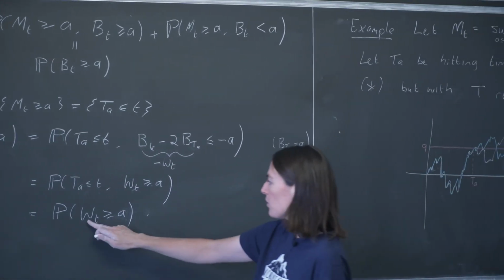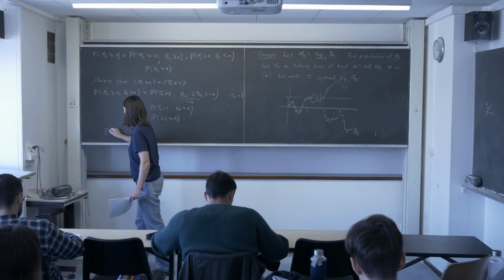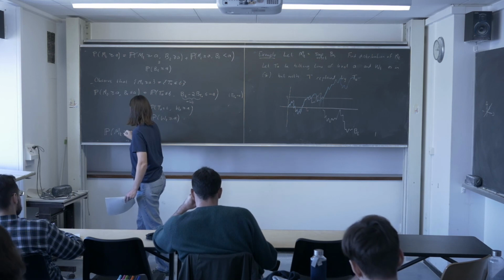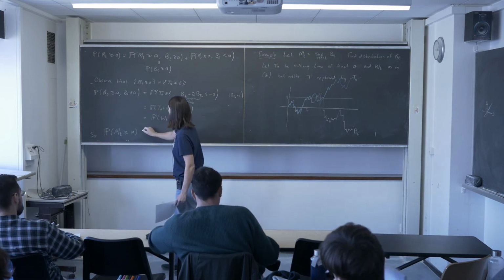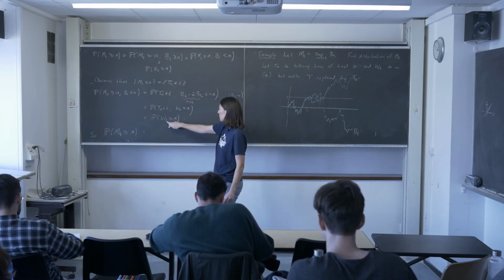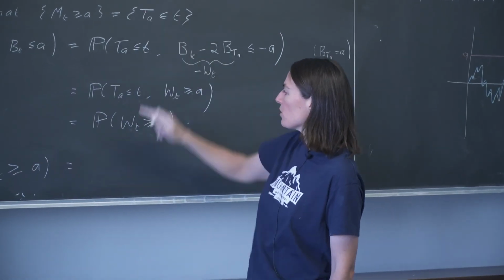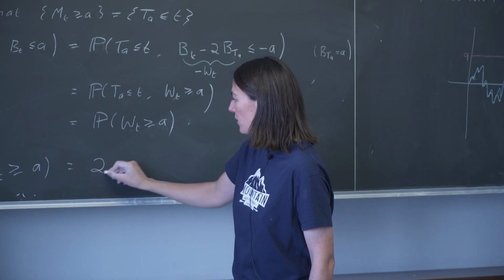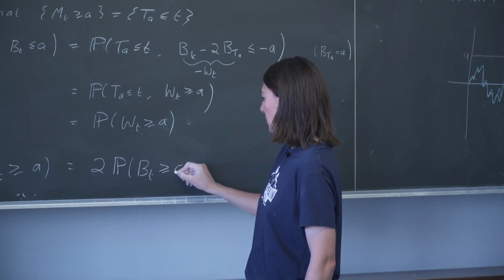And I know that W_t has exactly the same distribution as B_t. So putting this in, the probability that M_T is greater than or equal to a is equal to the probability of B_T being greater than or equal to a plus the probability of W_T greater than a. But this is exactly the same as B_T, because these are both Brownian motions by the reflection principle, and so this is twice the probability that B_T is greater than or equal to a.